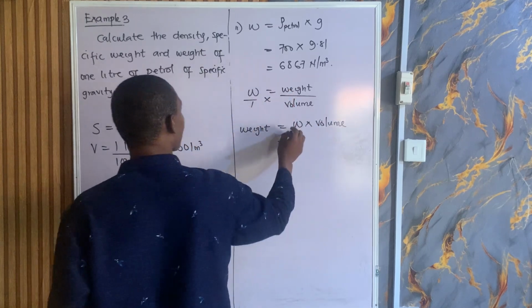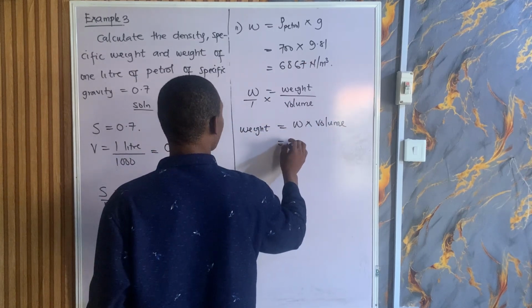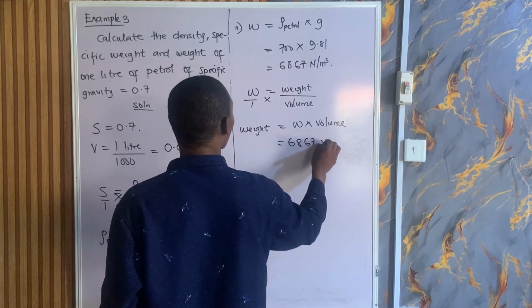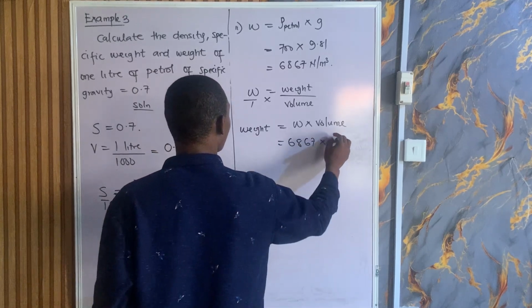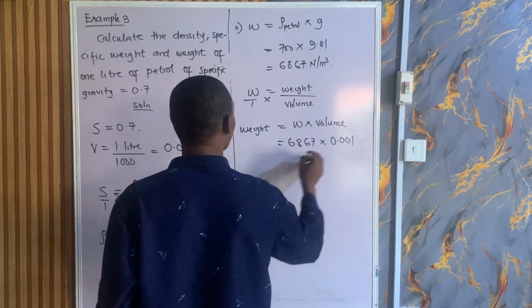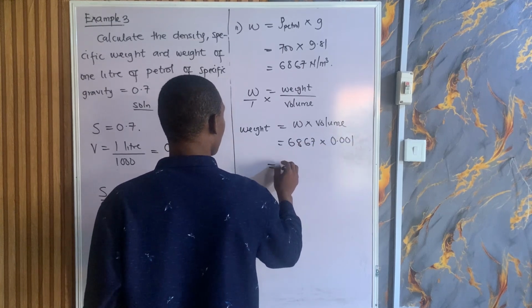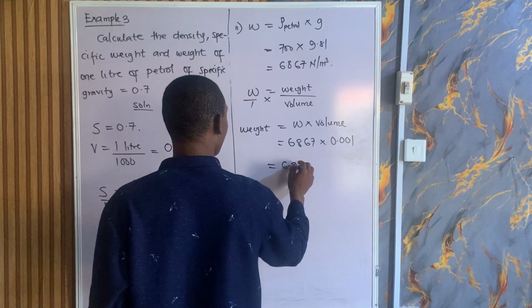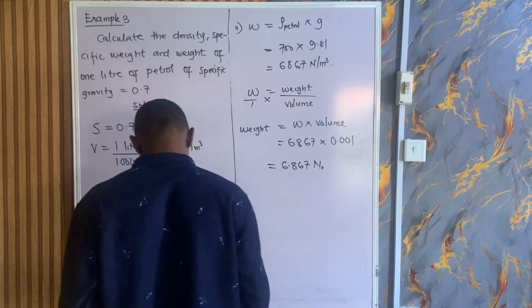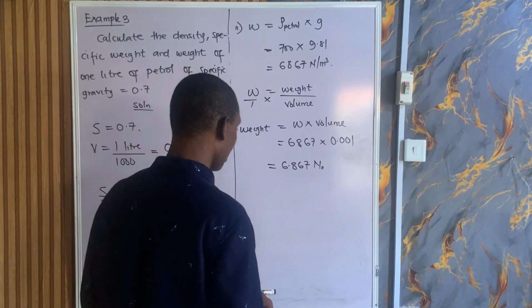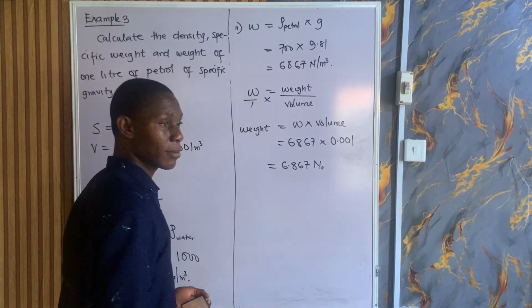What is specific weight? 6867 multiplied by volume 0.001, and this will give us 6.867 Newton. That's the weight of this fluid. So that's that for this.